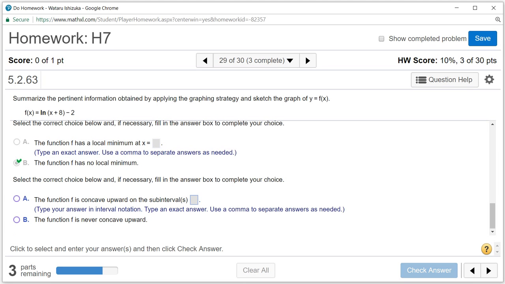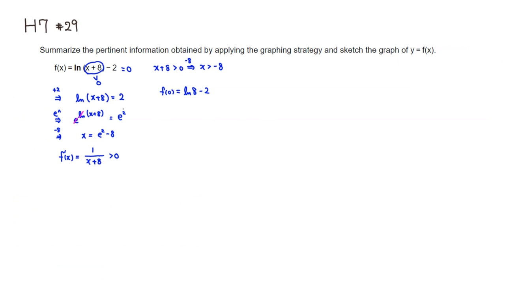Alright, so we have to look at the concavity here. So we have to take the derivative of this guy. I'm going to rewrite it as x plus 8 to the -1. That way we can take the derivative a little more easily. So we look at the f double prime of x.